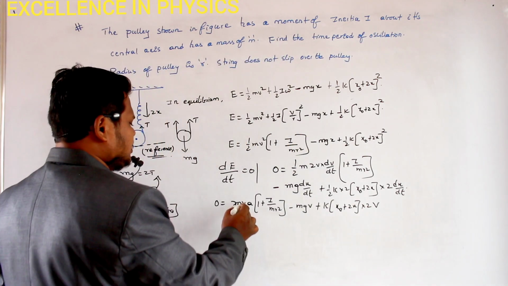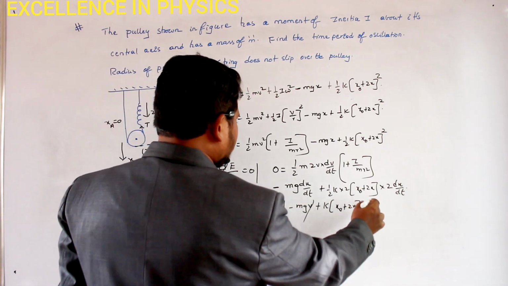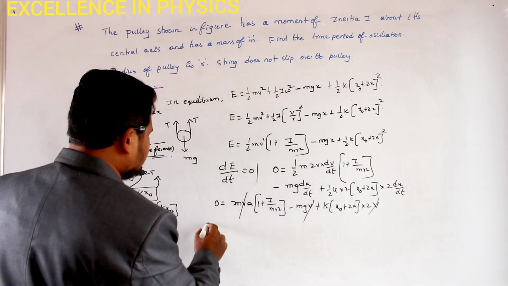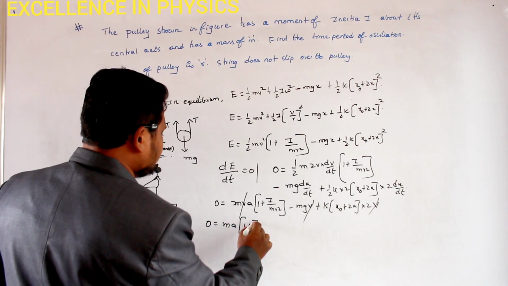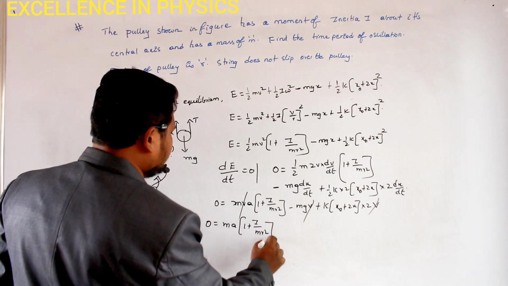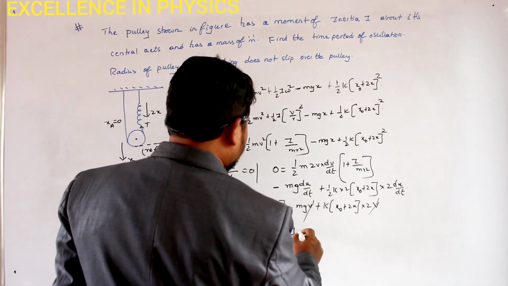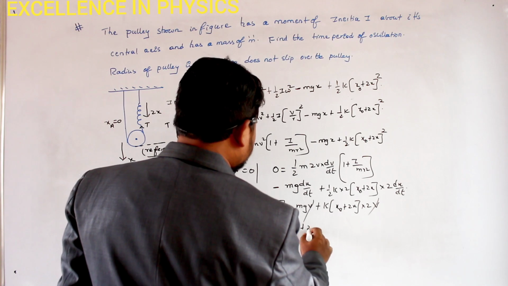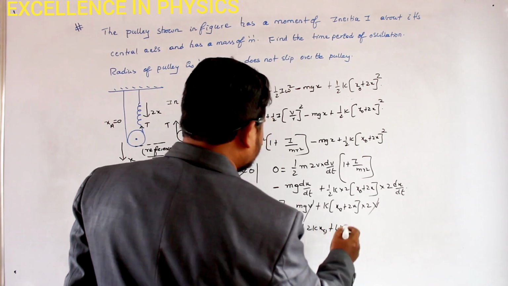So here I have velocity, here also velocity, here also velocity. So velocity terms will become 0. So therefore 0 is equal to ma into (1 plus I by mr square) minus mg minus, now if I write this one, 2k x naught plus 4k x. This is the relation which I get.